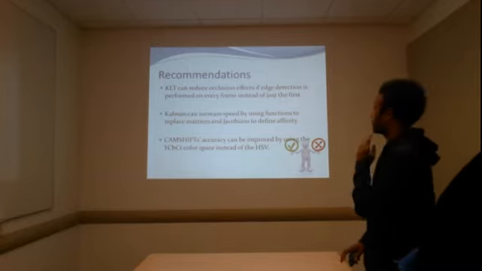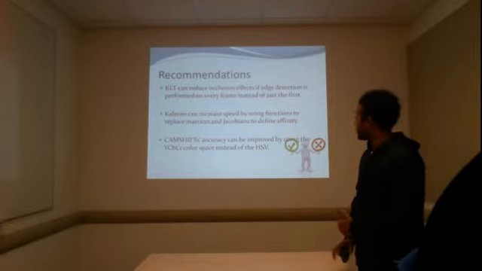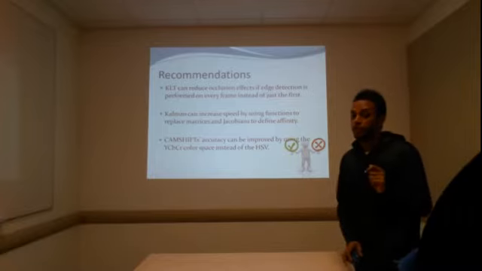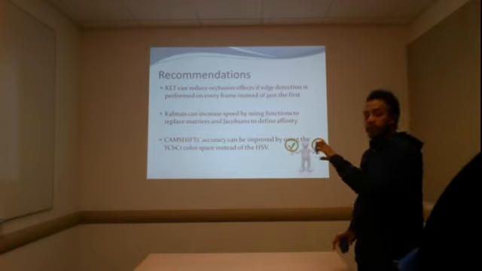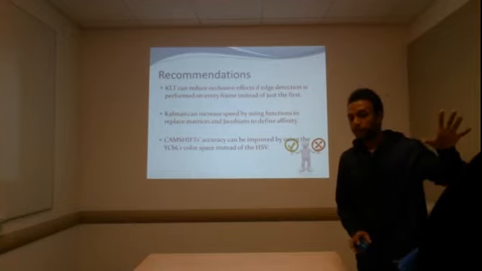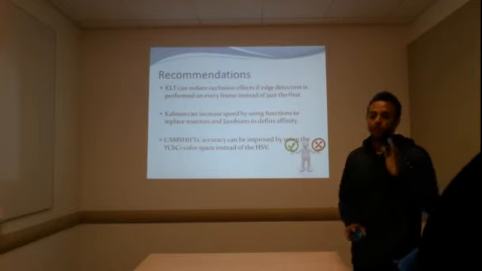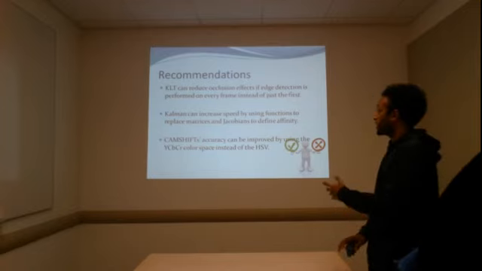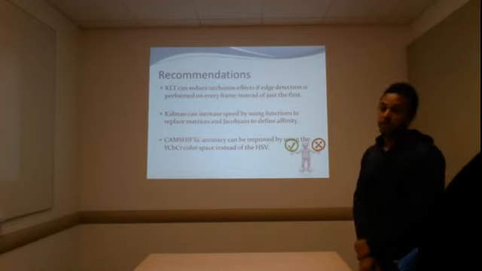The KLT can reduce occlusion effects if edge detection is performed on every frame instead of just the first. Now for the KLT algorithm, when it determines the features, it only determines the features on the first frame, but on all successive frames, it does not recompute the features. If it does that, it can basically overcome most of the effects of occlusion.